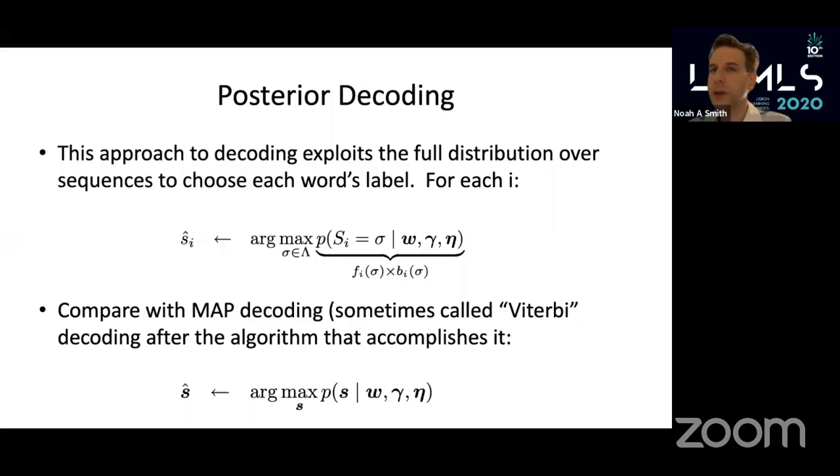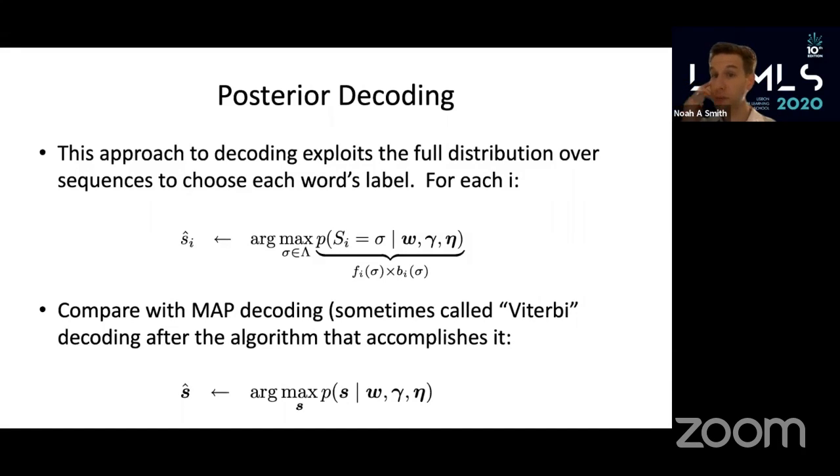What's going on with posterior decoding is we're exploiting the model's full distribution over all sequences to choose each word's label. So for each word, we're choosing the label that has the highest posterior probability, taking into account all possible labelings of all the other words.